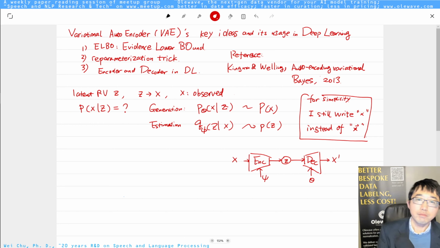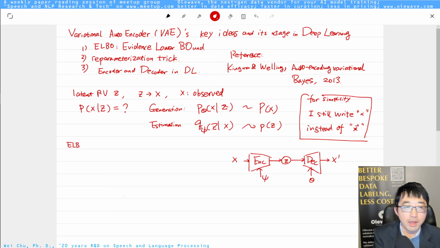Okay, and then let's take a look at the ELBO's definition, because it's a lower bound. In mathematics, people always want to maximize the lower bound. Let's see how the ELBO is defined.